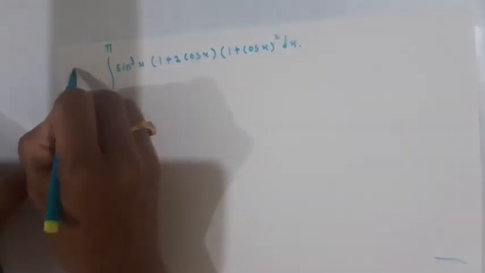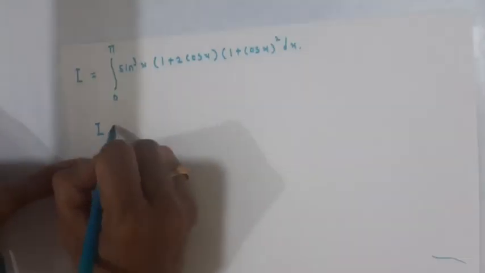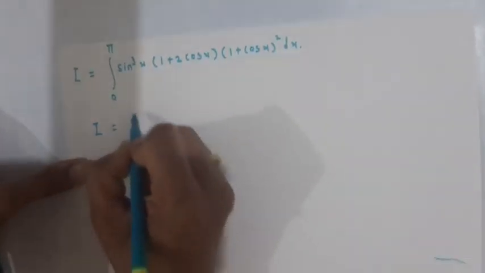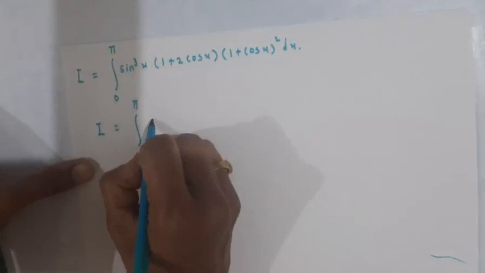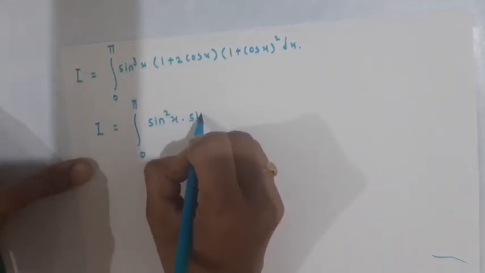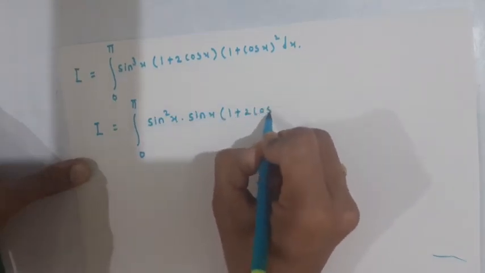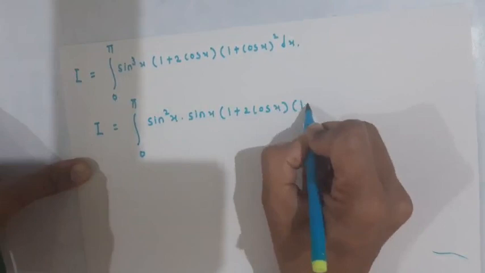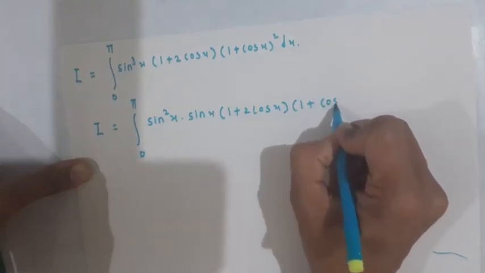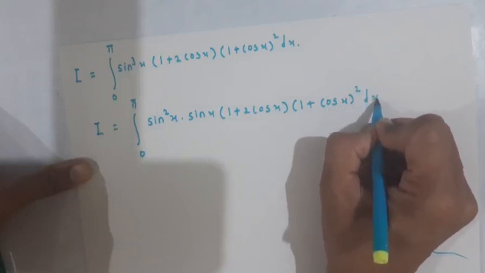So let I equal the integration of this. Now I = ∫ from 0 to π. So split this sin³x as sin²x into sin x, over (1 + 2 cos x) into (1 + cos x)², with respect to x.